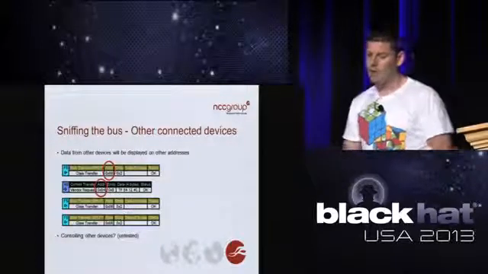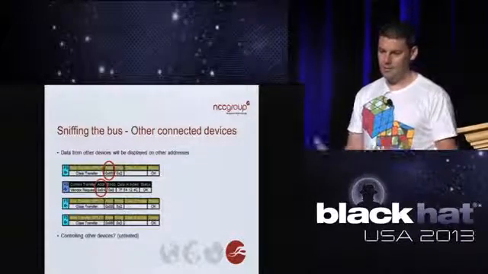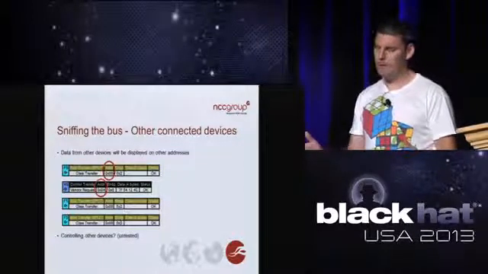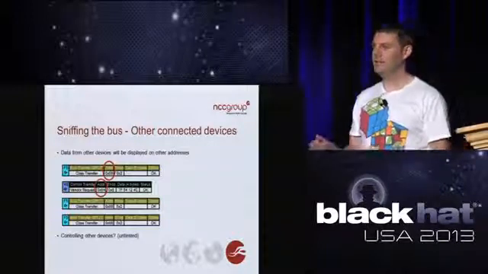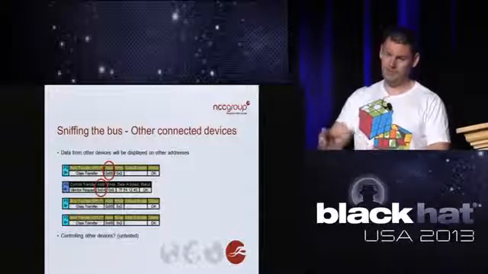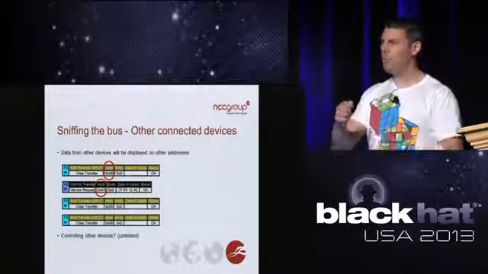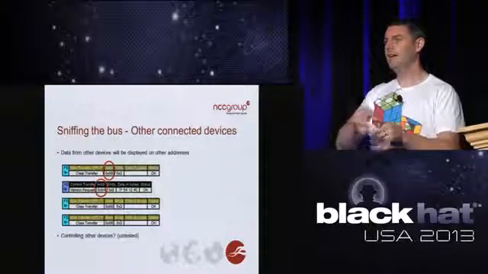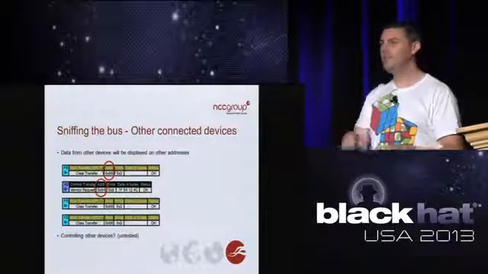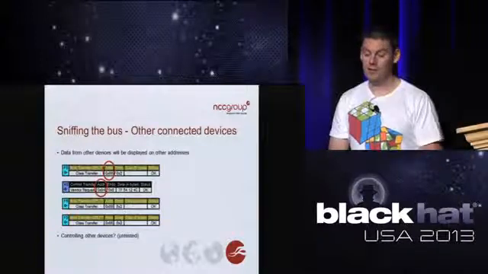I talked about some other connected devices. If you sniff the USB bus, anything that's connected to the same host controller interface that you are connected to externally, so if that USB port that you're connected to on the outside is on the same bus as any internally connected USB devices, you'll see other traffic associated with those.